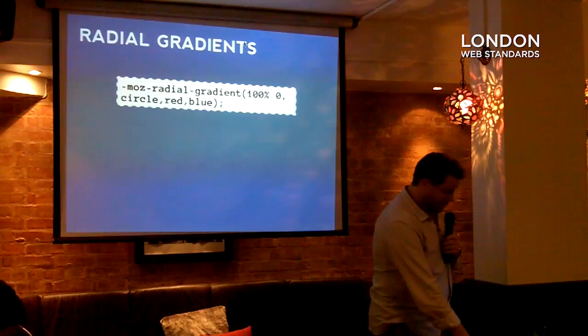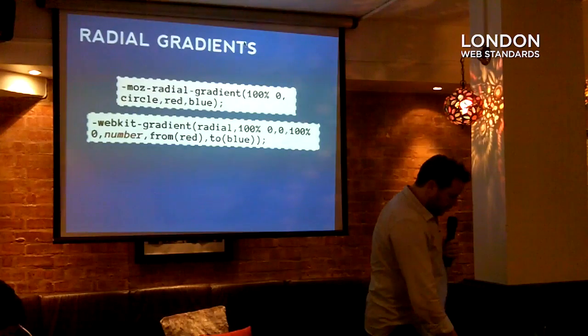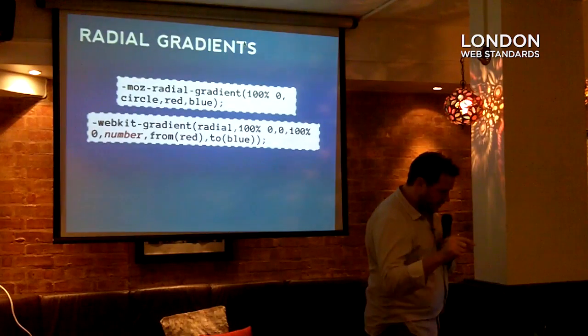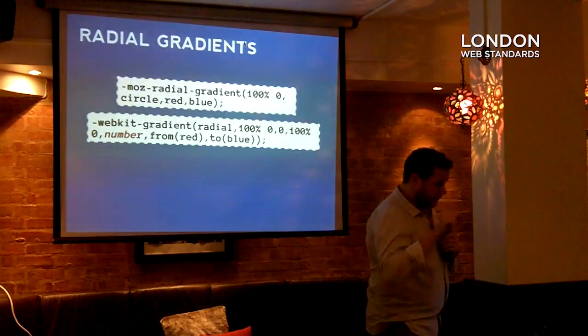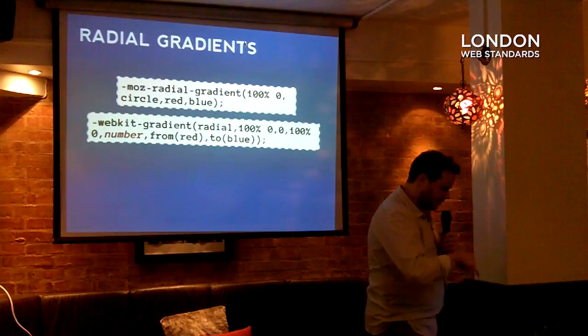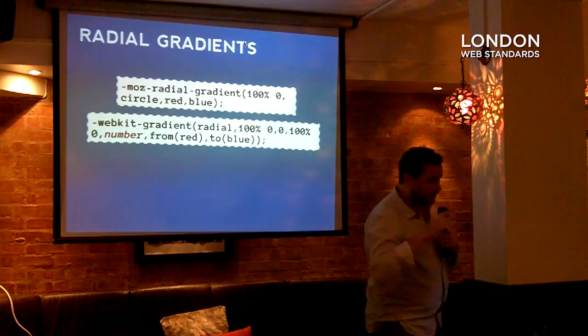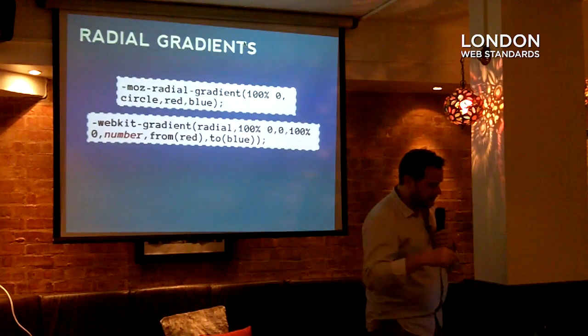When WebKit implemented this originally, it was WebKit gradient radial. You set where it starts from, then you set the beginning of the first circumference, and then a second circumference, which is where this curious number comes in. I'll explain that in a sec. And then you say from whatever to whatever.